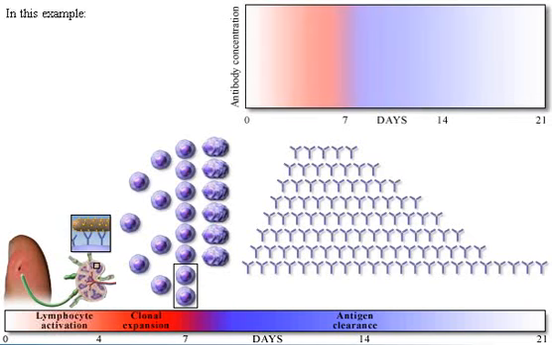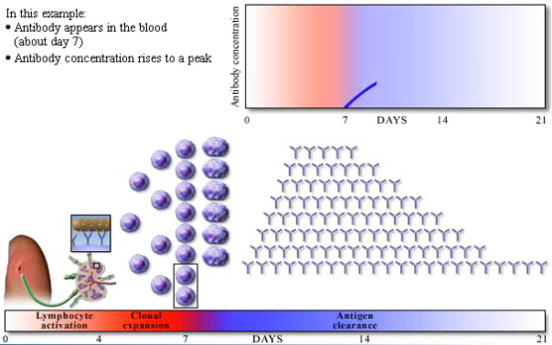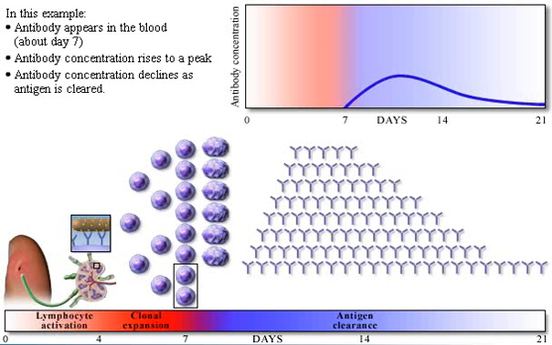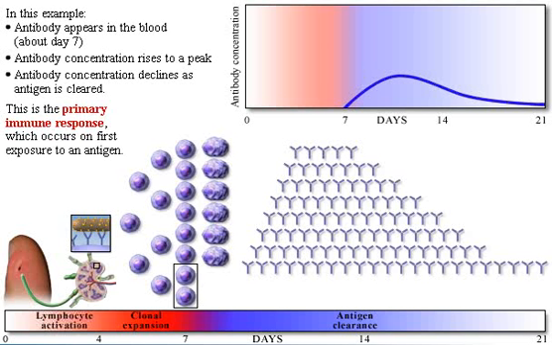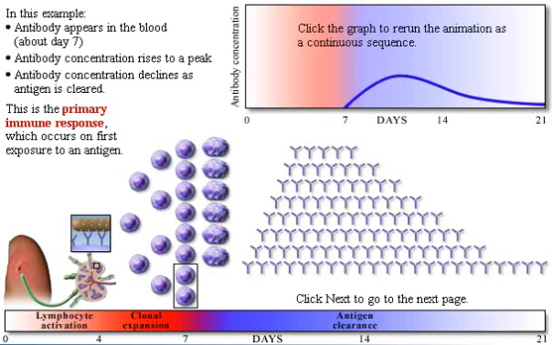In this example, antibody to antigen A begins to appear in the blood by about day 7. Its concentration rises to a peak for about a week, and then declines as antigen A is cleared from the body. What we've just explored is the primary immune response, which occurs on first exposure to an antigen. Click the graph to rerun the animation as a continuous sequence.